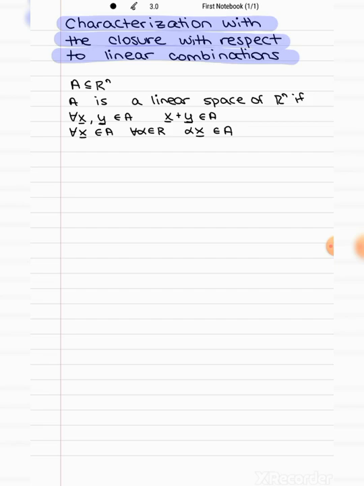So this here is a definition of a linear space.